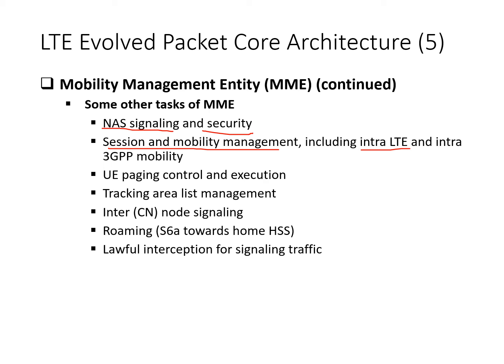We also have paging control and execution, tracking area list management, inter-node signaling, roaming, and local interception for signaling traffic. This is local interception for signaling traffic, control signaling traffic. Then the MME lets the operator know where its users are located, the location data.